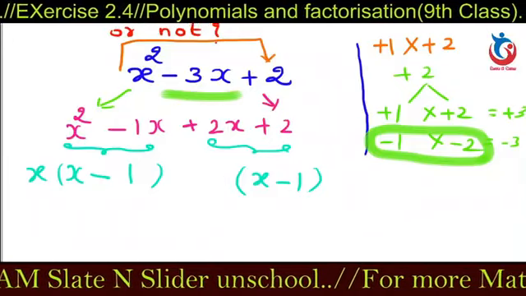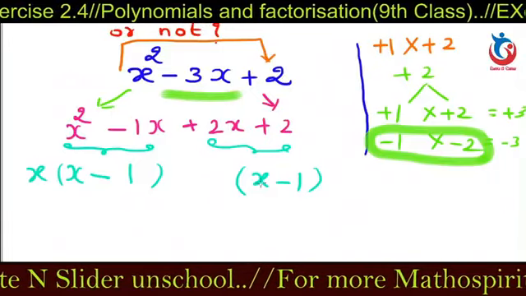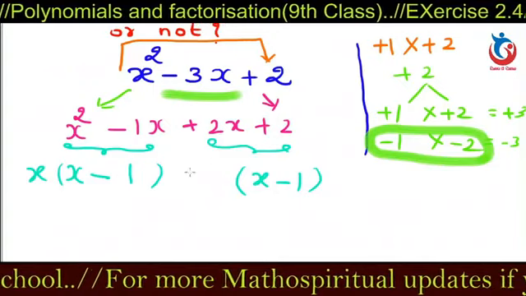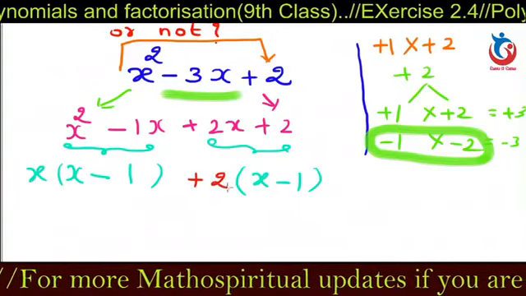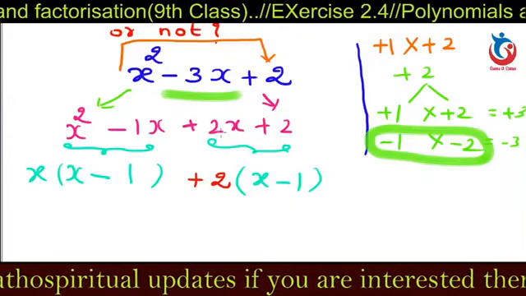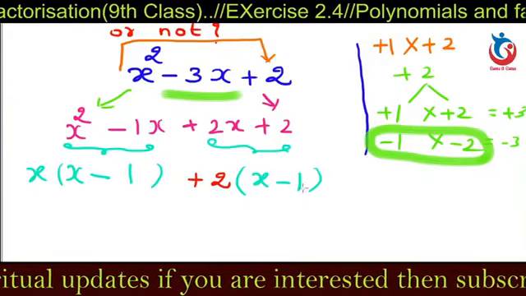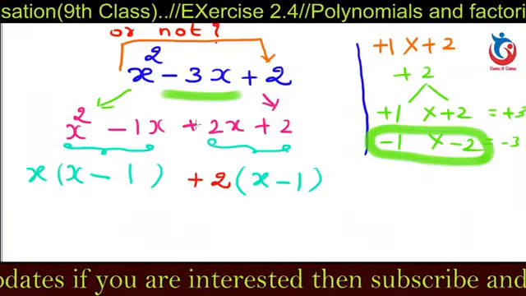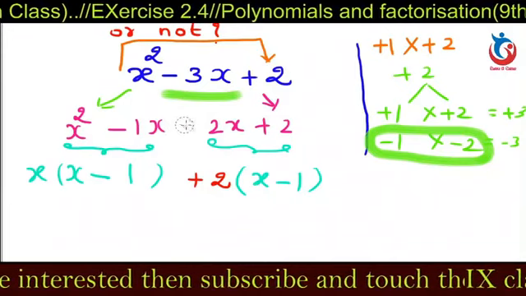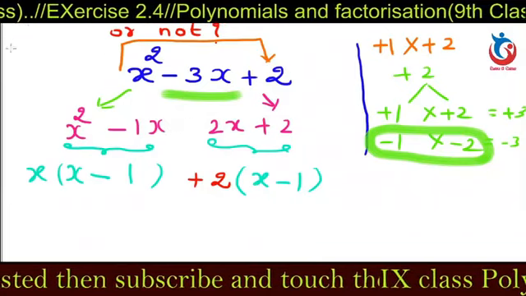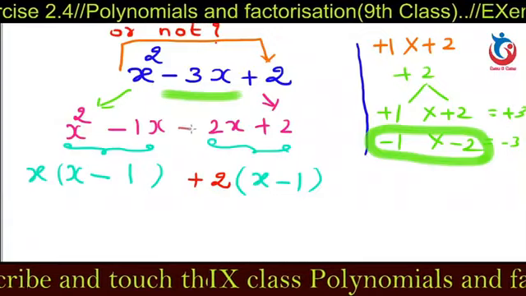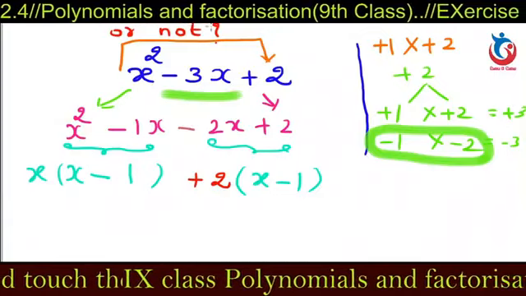For that, x into something gives plus 2x, so that something will be plus 2. Check once: plus 2 into x is plus 2x, plus 2 into minus 1. Sorry, this is minus 2. Here also we got minus 2.